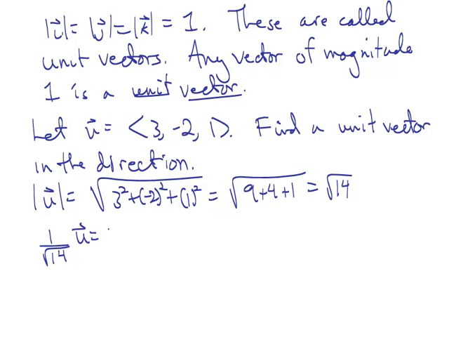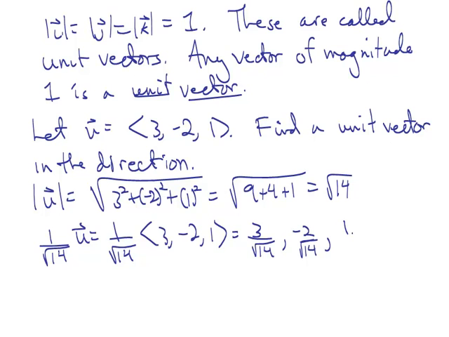So here's how it's going to look. 1 over the square root of 14 times 3, negative 2, 1. Or if you like, 3 over the square root of 14 in the first component, negative 2 over the square root of 14 in the second component, 1 over the square root of 14 in the third component. Okay? But in general, to unitize, you just take the vector, divide it by its length. That's how you can find a unit vector for any direction.